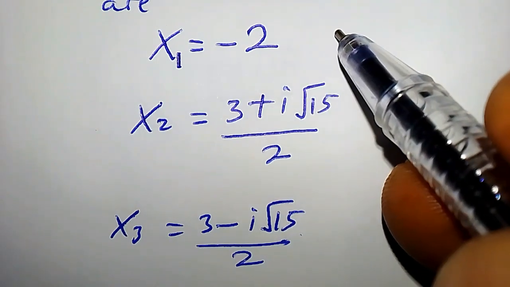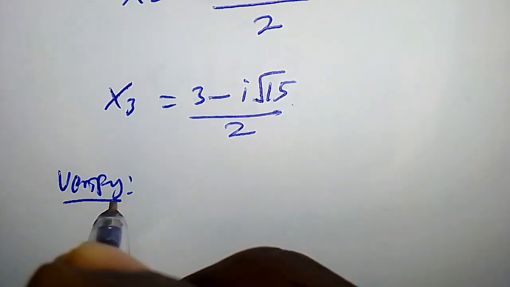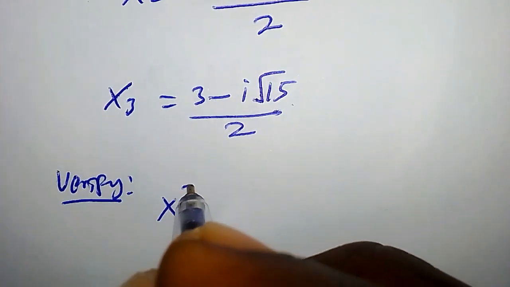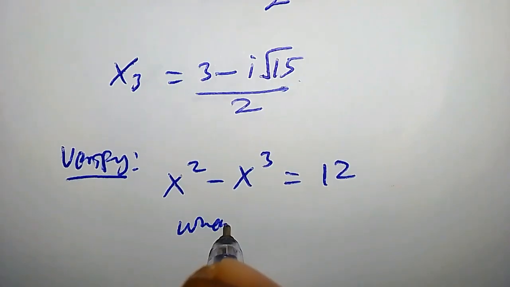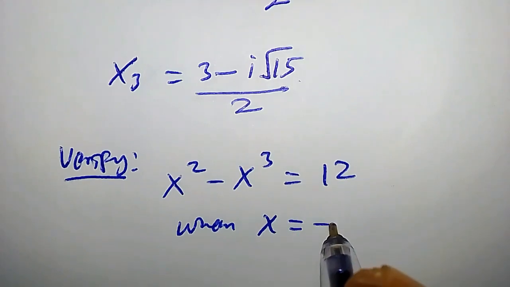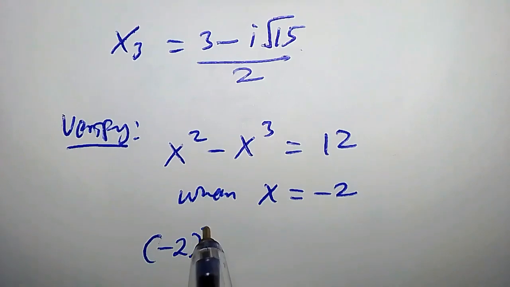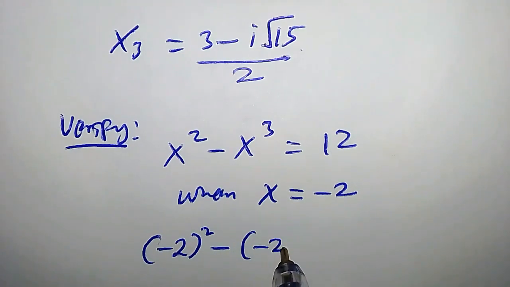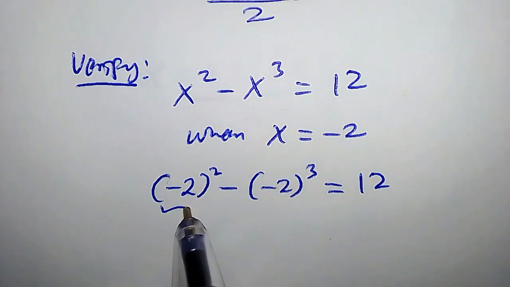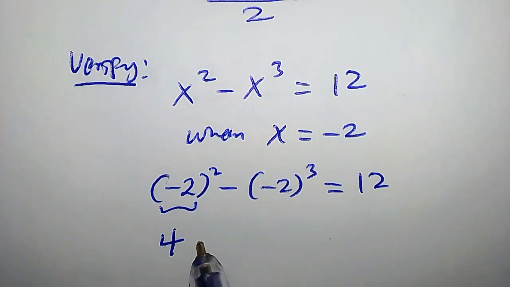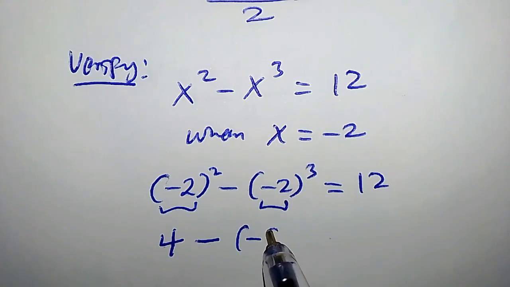Let's verify the first one. x equals minus 2. Verify. The question is x squared minus x cubed equal to 12 when x is equal to minus 2. We just plug it in. So that will be minus 2 all squared minus minus 2 raised to 3 equal to 12. Minus 2 all squared is simply 4, minus minus 2 all cubed is minus 8.